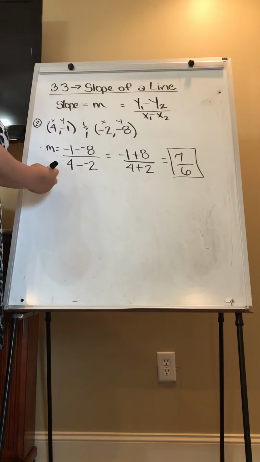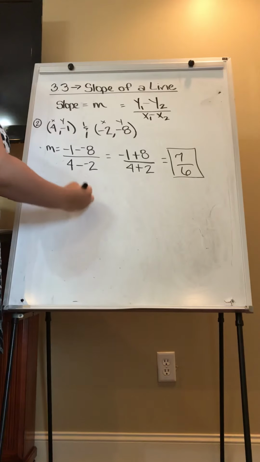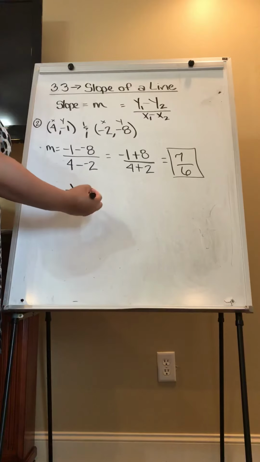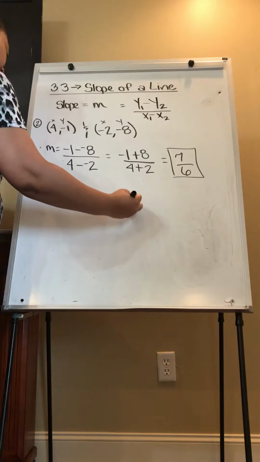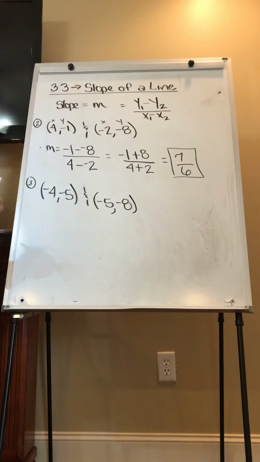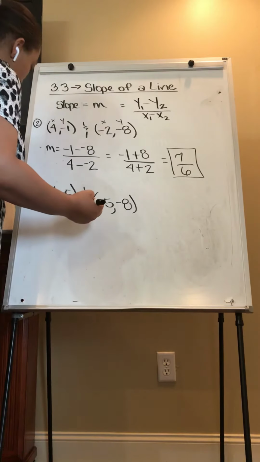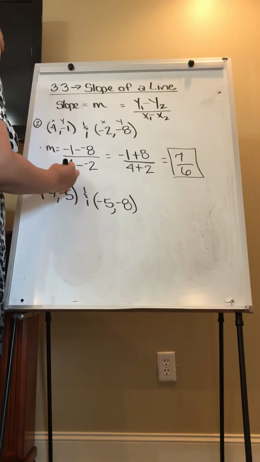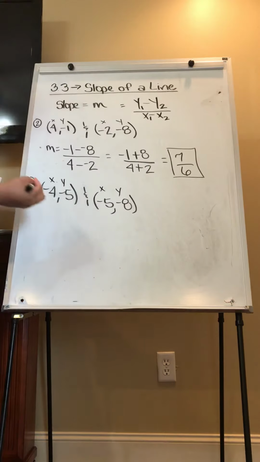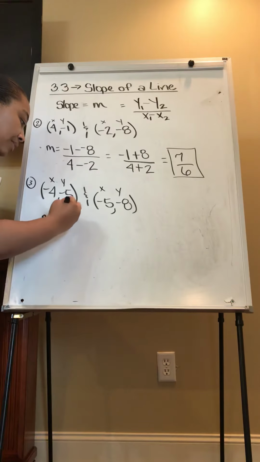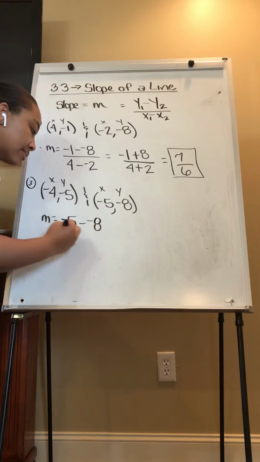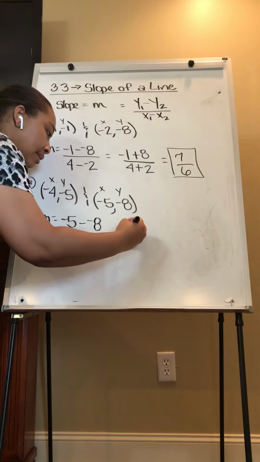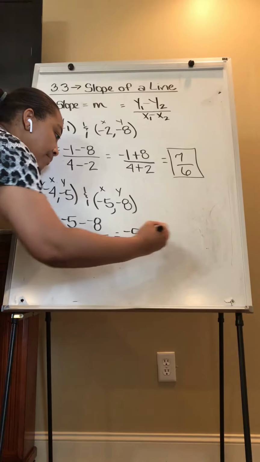Next example. -4, -5, and -5, -8. Plug it in. We're going to have -5 minus a -8, which would make -5 plus 8 on top.